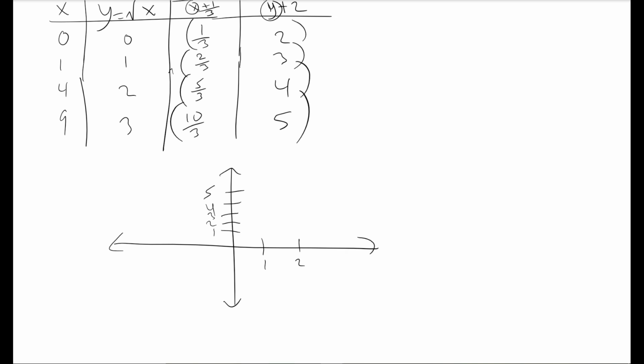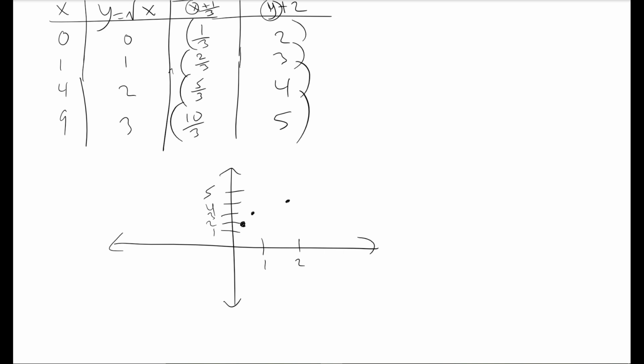So 1/3 is pretty small, it's around here. So when x is 1/3, y is about 2. When x is 2/3, that's closer to 1, y is about 3. When x is 5/3, which is a little bit over 1, 1 and some change, almost 2, because 2 times 3 is 6, then you get a value of about 4.